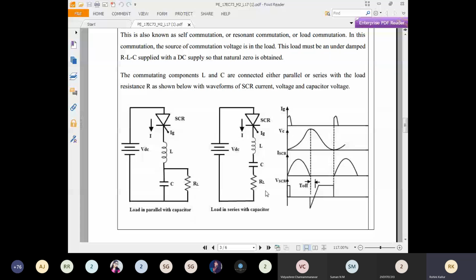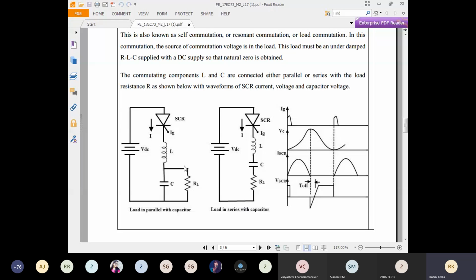We'll understand what is happening in the circuitry. This is applied with a DC supply voltage and it makes junction J1 and junction J2 forward biased. In the waveform, at t equal to 0 I have the gate current Ig, so the SCR starts conducting and current flows from anode to cathode. When the current flows through this path, the inductor acts like an energy source.